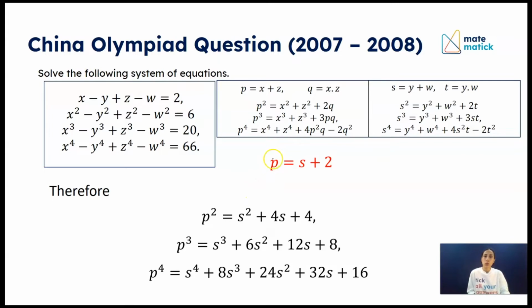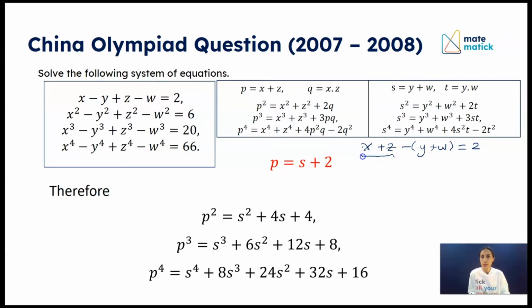From our very first equations, I can see that x minus y plus z minus w is equal to 2. What does it mean? I can write this as x plus z minus y plus w, which is equal to 2.